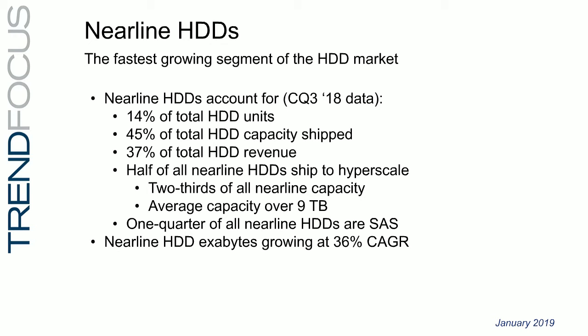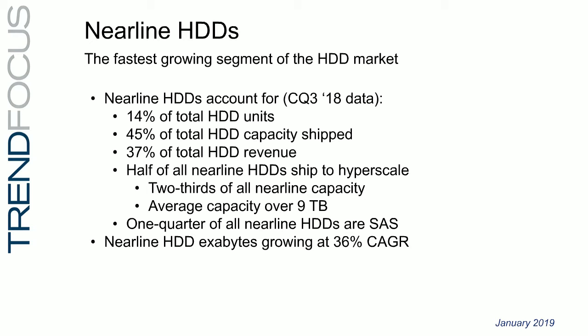You say, well, 14% is a rather small segment of the market, but you also have to remember that more than 200 exabytes of capacity was shipped in CQ3, and if you look at it from a capacity perspective, nearly half, or 45%, of the total hard drive capacity shipped in that quarter came from those 14% of units that were nearline. Also, from a revenue perspective, despite being a very small percentage of total units, about 37% of total hard drive revenue comes from this category of drives.